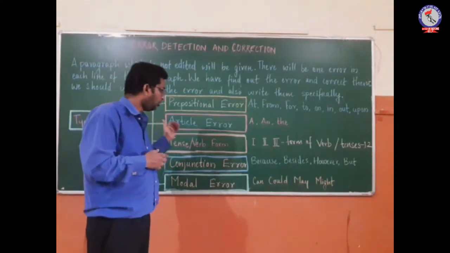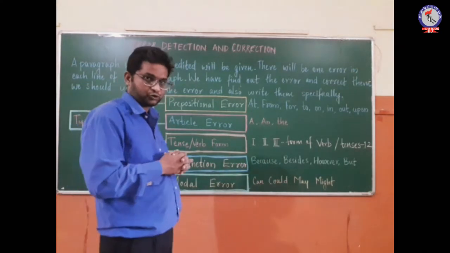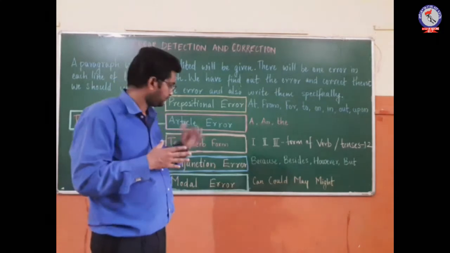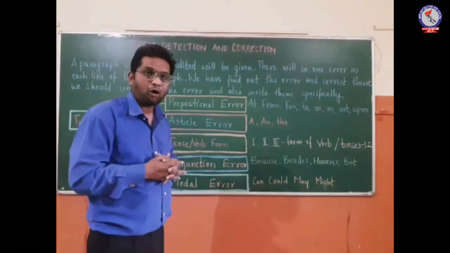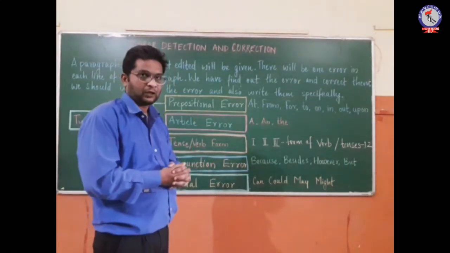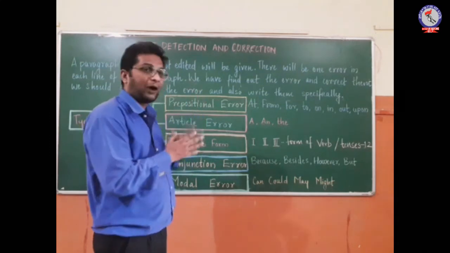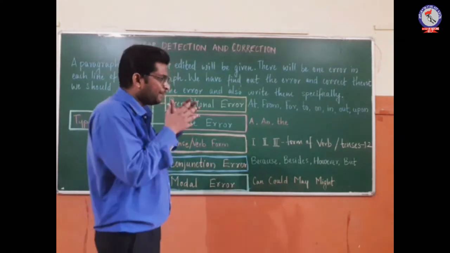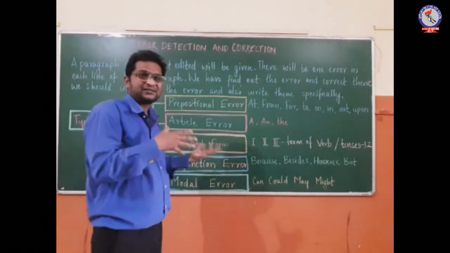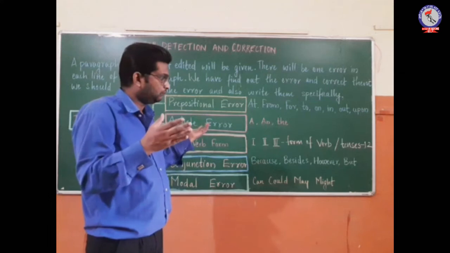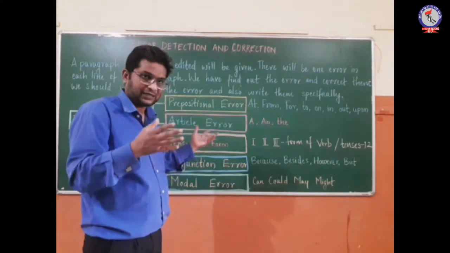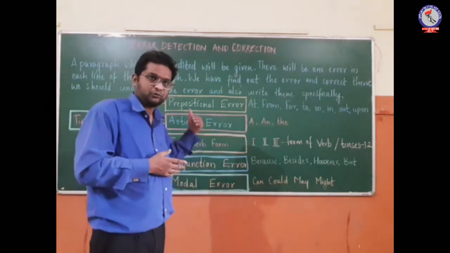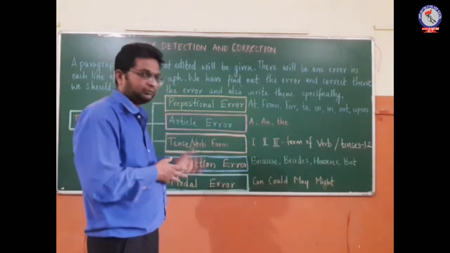Tense or verb forms. So this could be the next type of error. While reading the sentence, you will come across incorrect tenses. As you know, there are 12 tenses in English grammar.